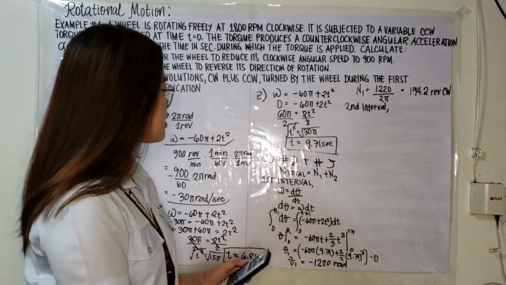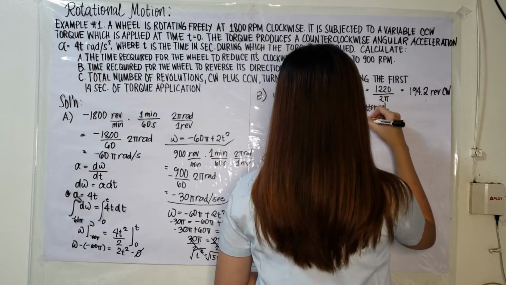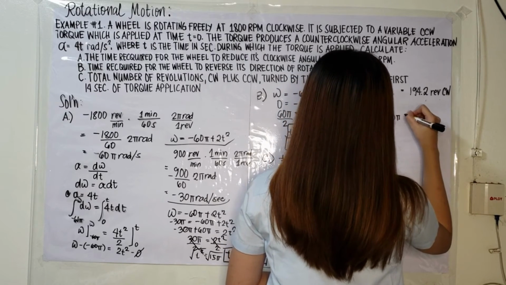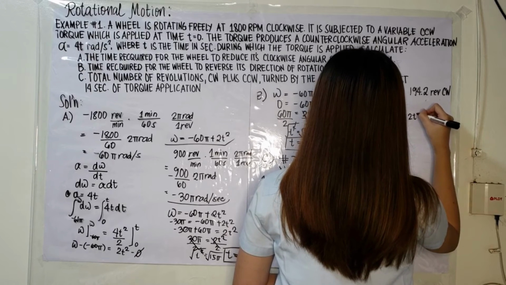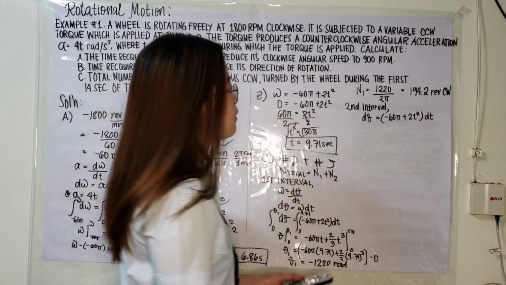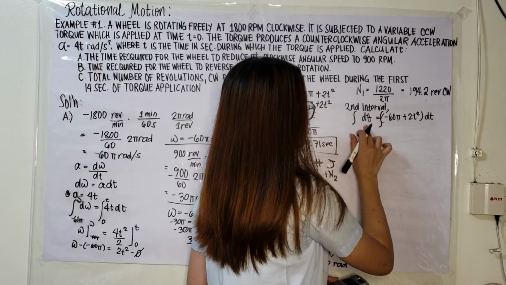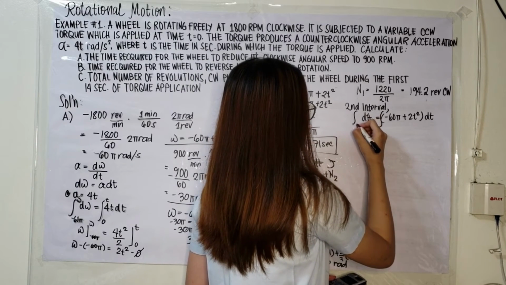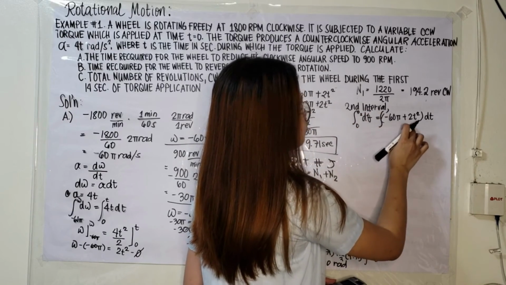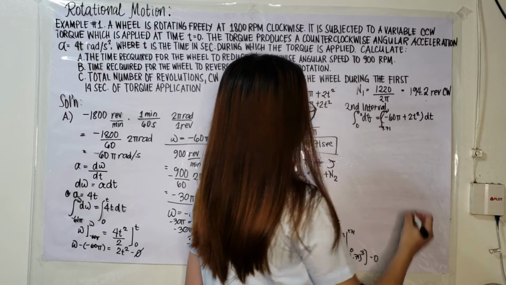we are going to use the same formula, the same equation. So d theta is equal to negative 60 pi plus 2t squared dt. So integrating both sides, the integral of d theta from 0 to theta 2 is equal to the integral of negative 60 pi plus 2t squared dt from 9.71 to 14.